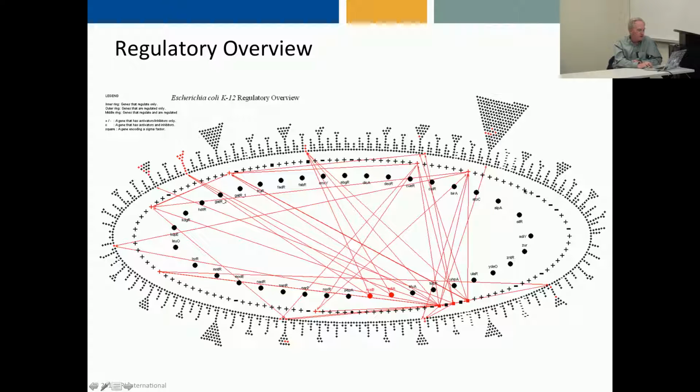And the genes are organized into these 3 different rings. The inner ring are the global regulator genes of E. coli, where most of these genes regulate tens or hundreds of other genes. The middle ring are other regulator genes that typically will regulate a smaller number of genes. And then the genes along the outside are individual genes that are not regulators.